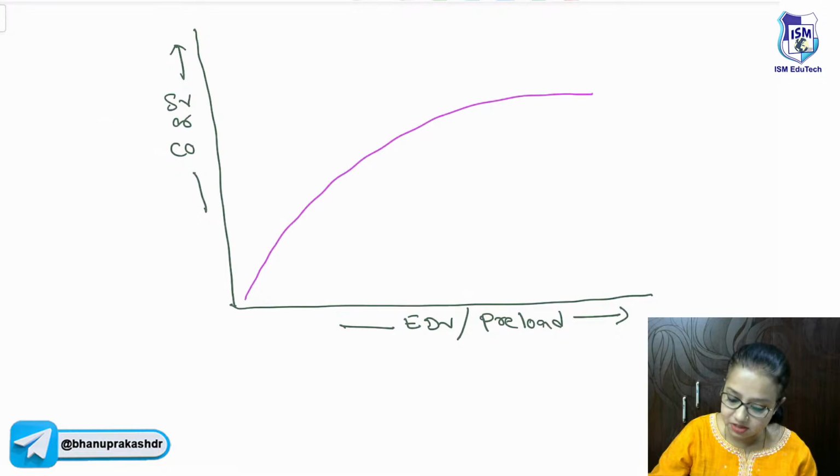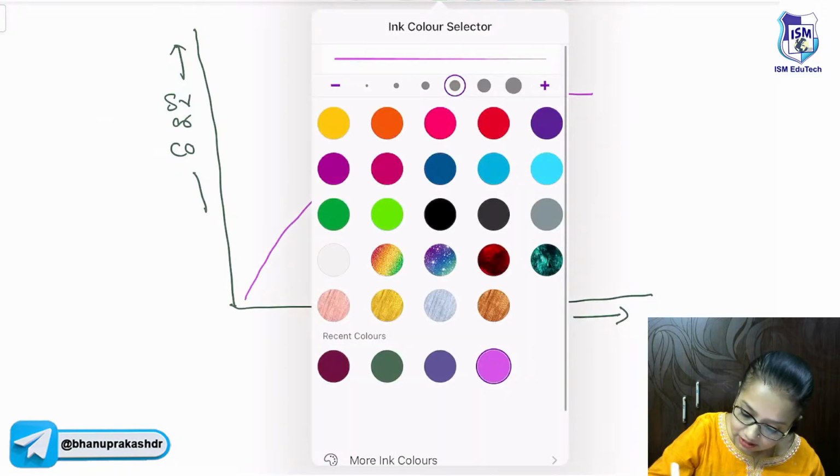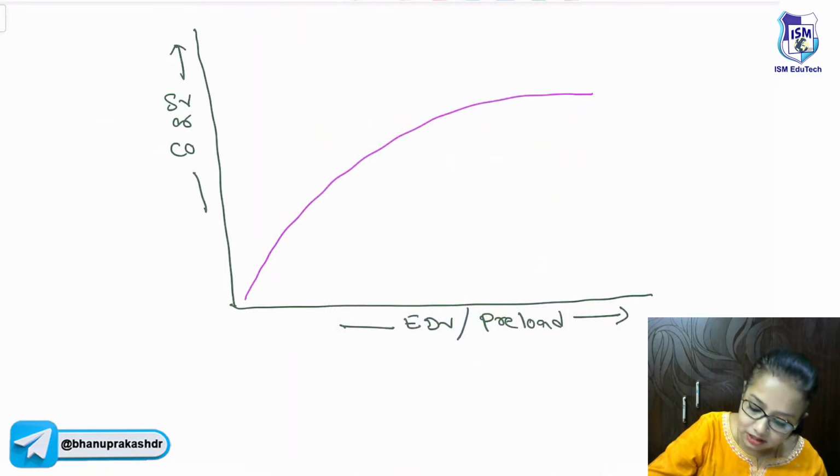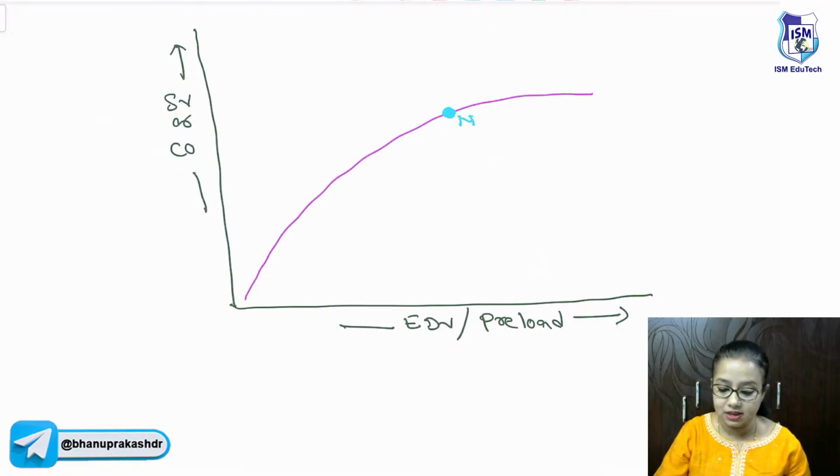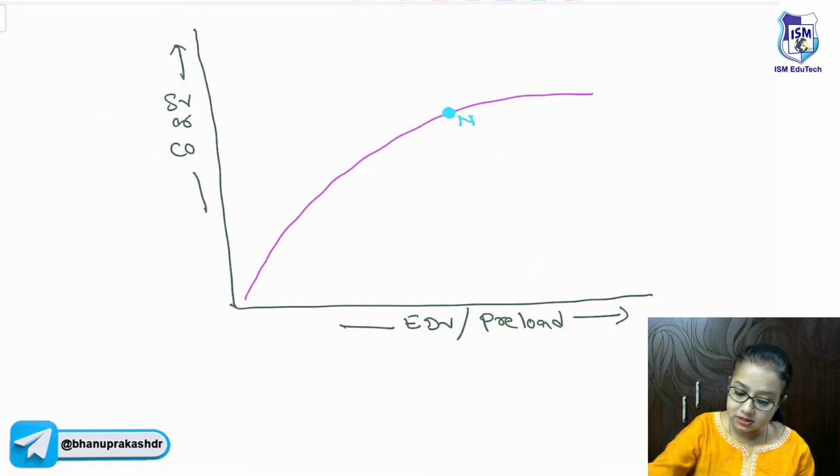Okay, that means at a certain given preload, the force of contraction is such that there is a specific stroke volume that is attained. Now, let's think that this is the normal point. This N, it is the normal point at which the heart is pumping certain amount of stroke volume at a given end diastolic volume or at a given preload.